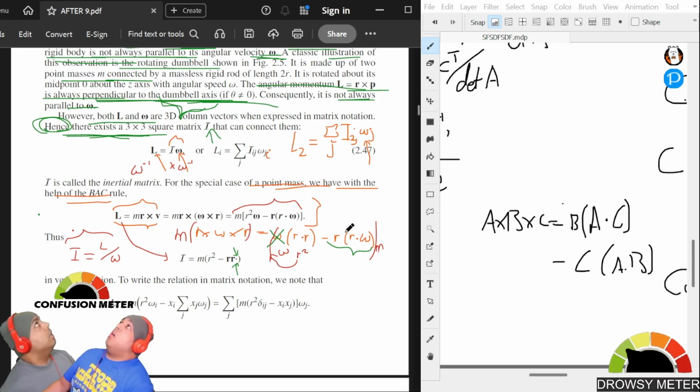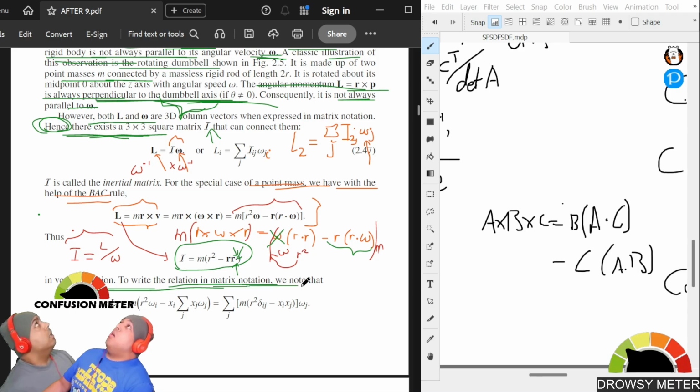R dot omega. What is omega? Omega is a vector. I'll come back to this later. Let's just accept that this is the case, although R dot blank is weird in vector notation.